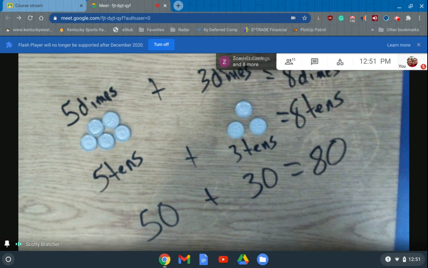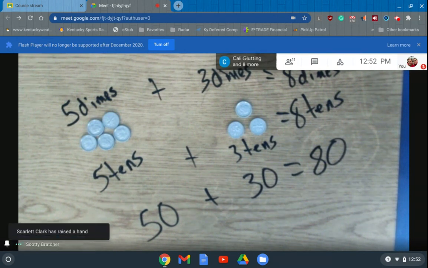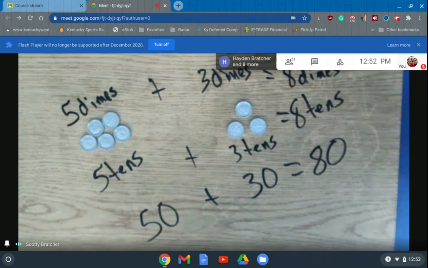The only thing I'm missing is what? What's missing here? Who can tell me what's missing here? And I can see Gracie, I can see Callie, I can see Kaylee, Austin, and Zoe.